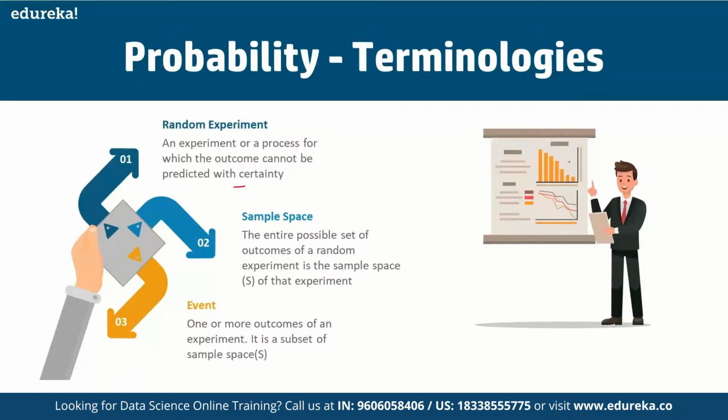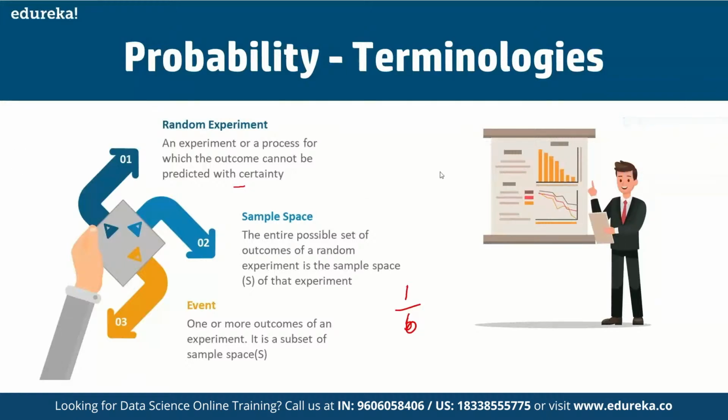So if I say, what is the probability of getting a 5? Getting a 5 is basically an event that is going to happen among all the sample spaces I have. I have 6 sample spaces for a dice, and the chance of getting a 5 is 1. So the probability is 1 by 6. So that is an event.